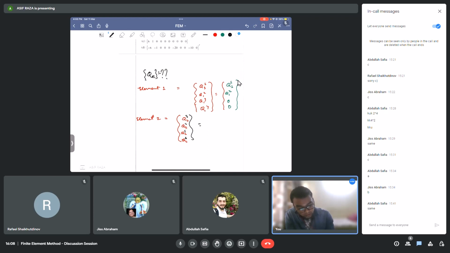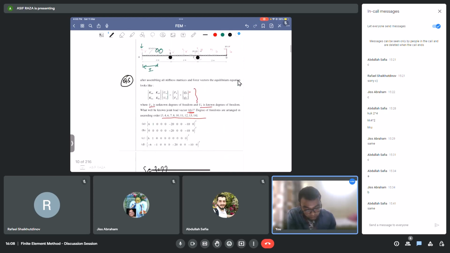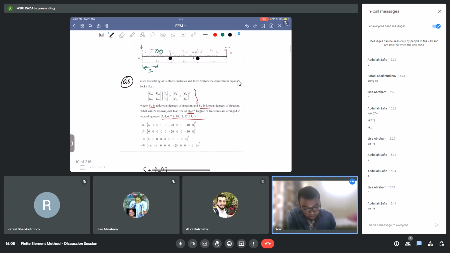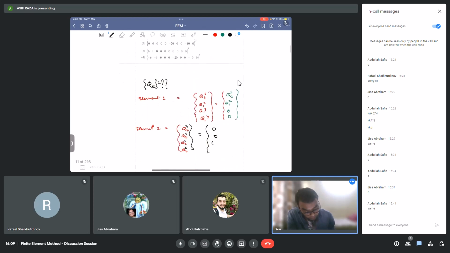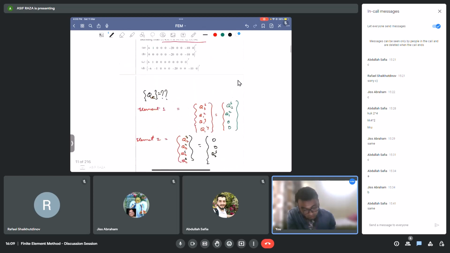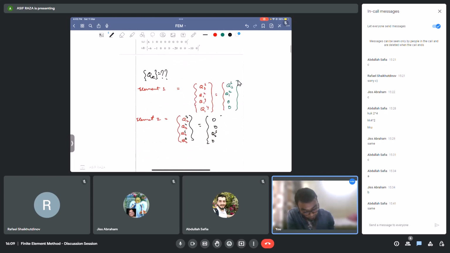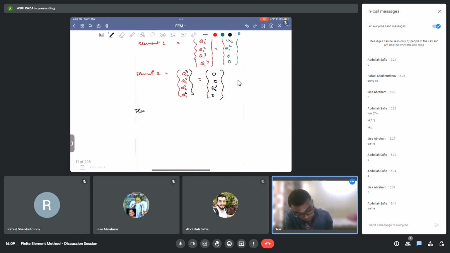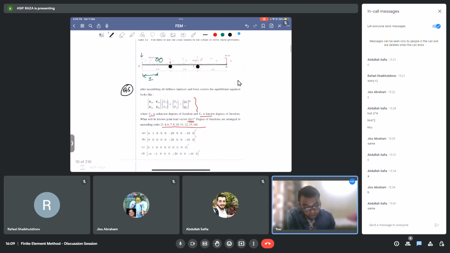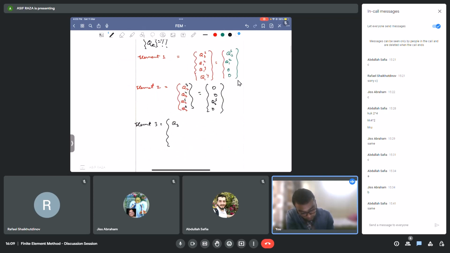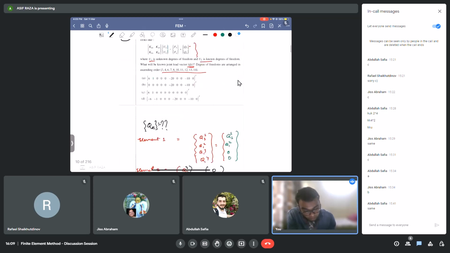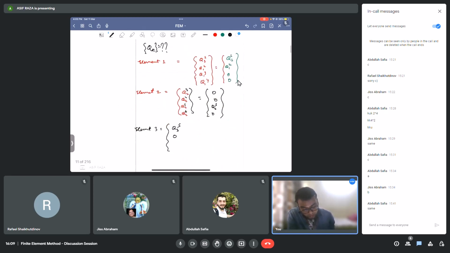So this will be equal to 0 0, and 5 will be unknown, I'll just write it like this, q6 will be 0. Element 3 will have, now I'll write it directly, 5 6 7 8, so this will be unknown, this will be 0, and 7 and 8 will be 0.